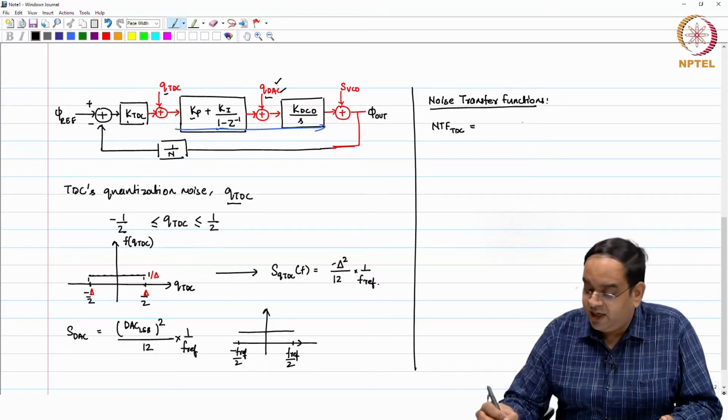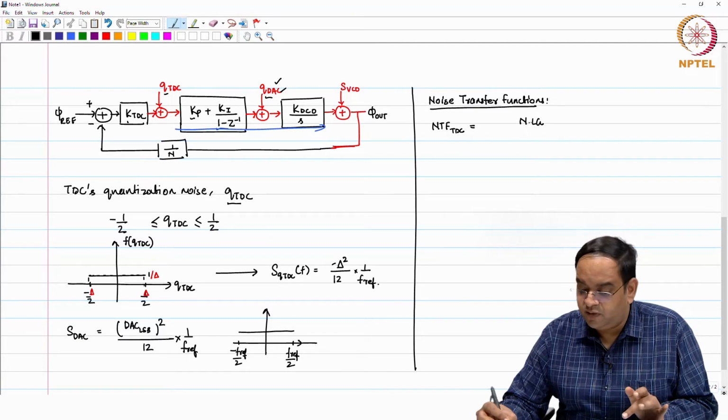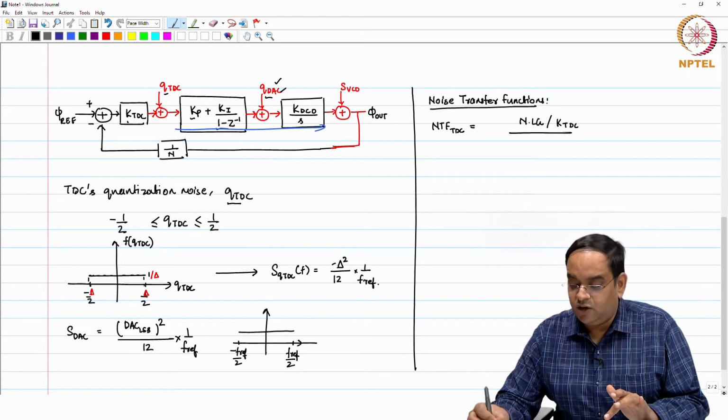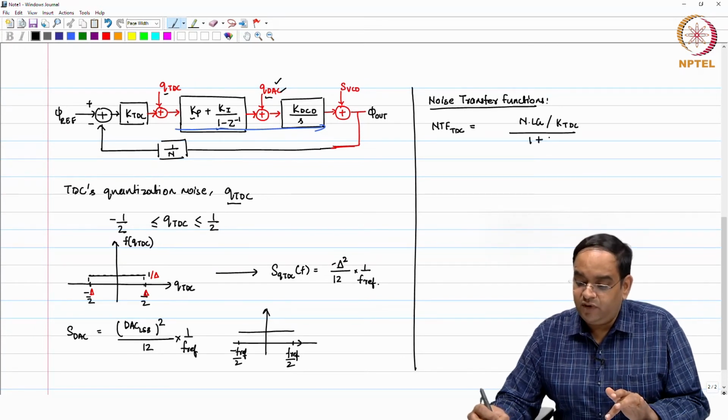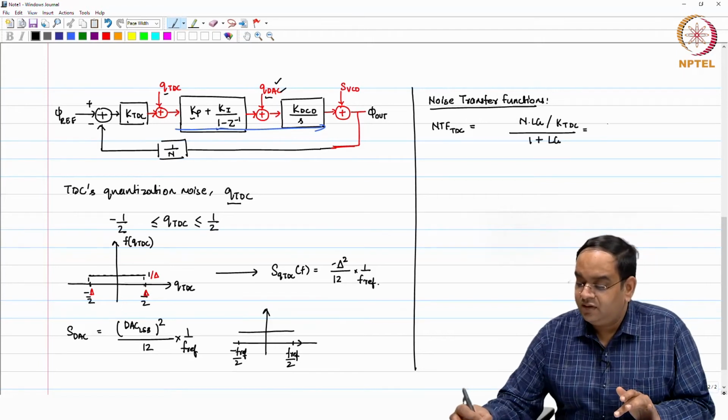So, I have n times loop gain, this is the forward path gain, divided by KTDC, which is the gain from QTDC to the output, divided by 1 plus loop gain. So, this is like n by KTDC into loop gain by 1 plus loop gain.